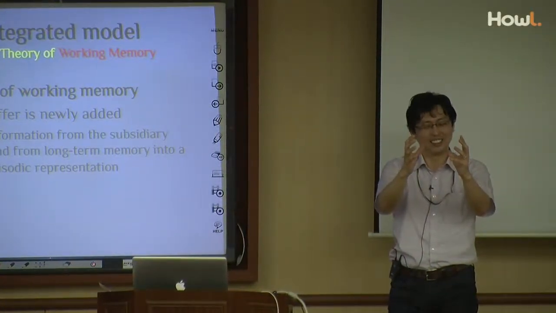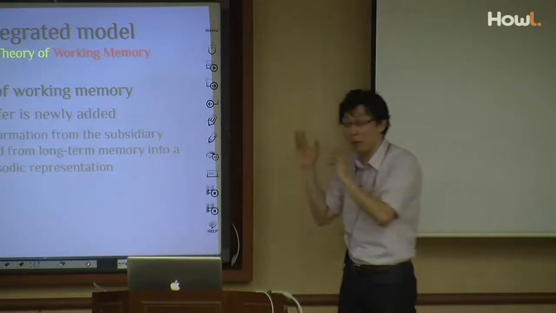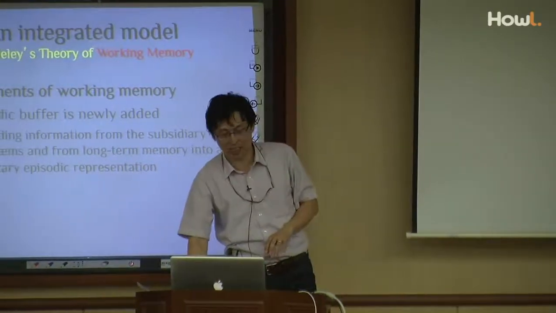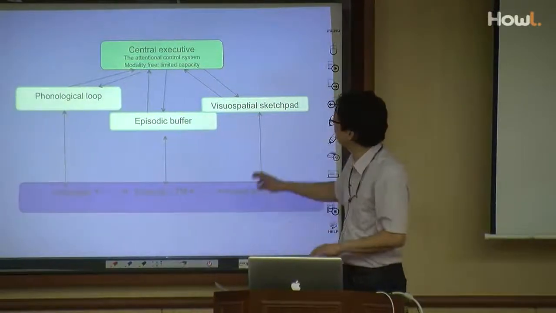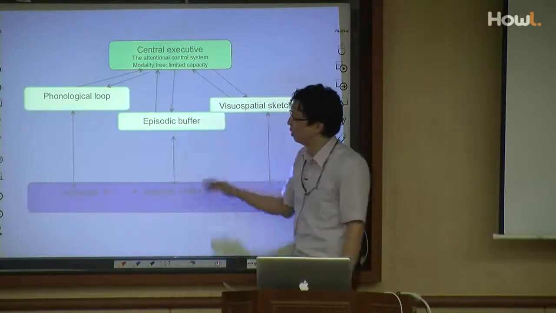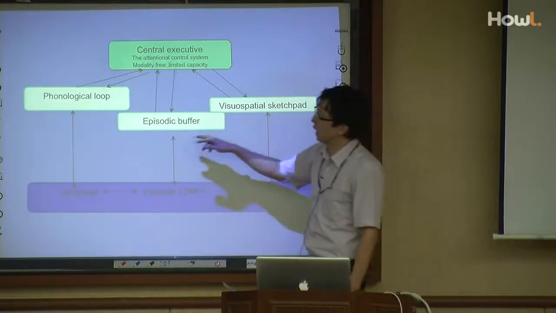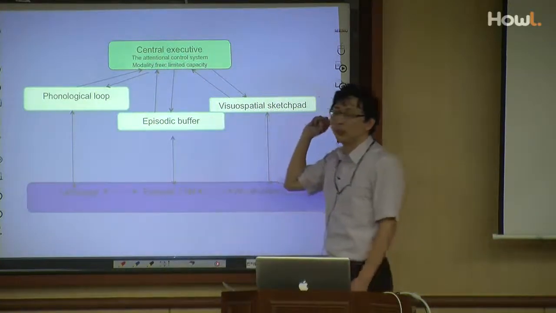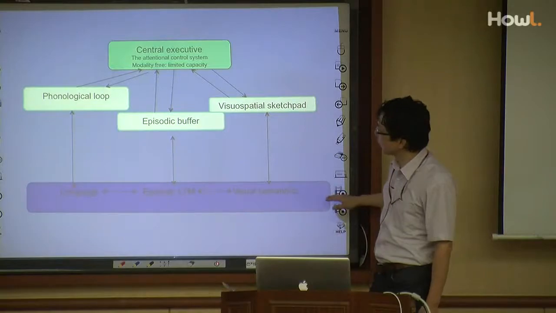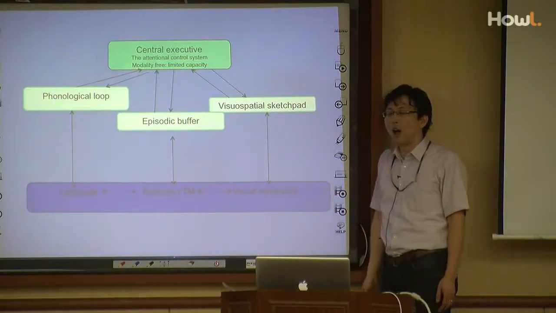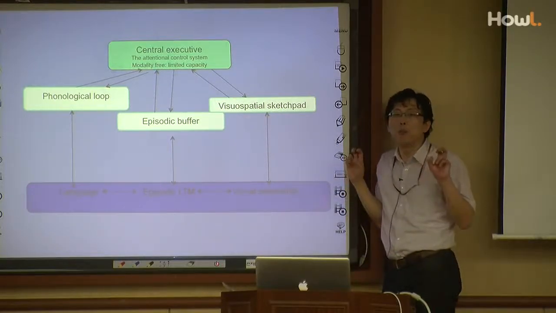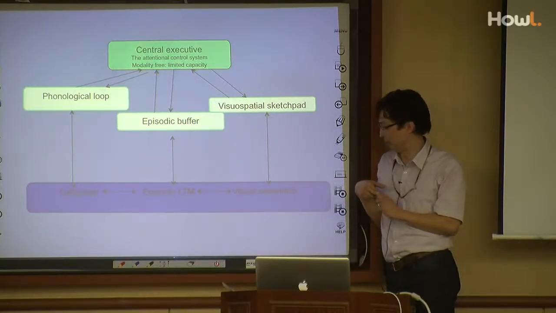You don't need to remember the whole thing, just basically understand at least one. So including the episodic buffer, this one is the latest model by Baddeley, and he ended up with this complete model of working memory.